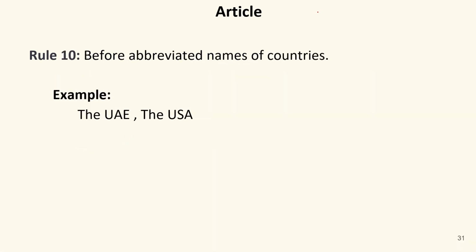Before abbreviated names of countries. Now, whenever we have abbreviated names of countries, we always use the, for example, the UAE, the USA. One more thing, whenever we have a word union or united, we use the before it.